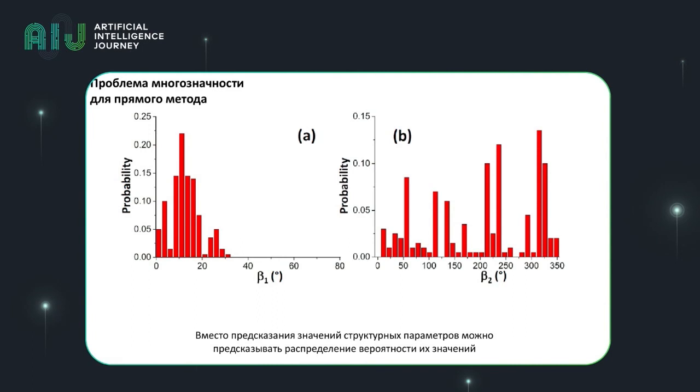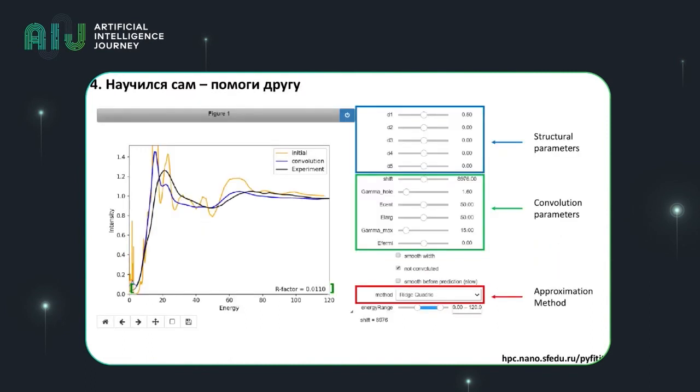And if it can get both of the parameters, then the function will give us two maximums. So for the same angle, we had a pure peak around 10 degrees. And to the right, you have roughly the same probability for a lot of different values of angle.